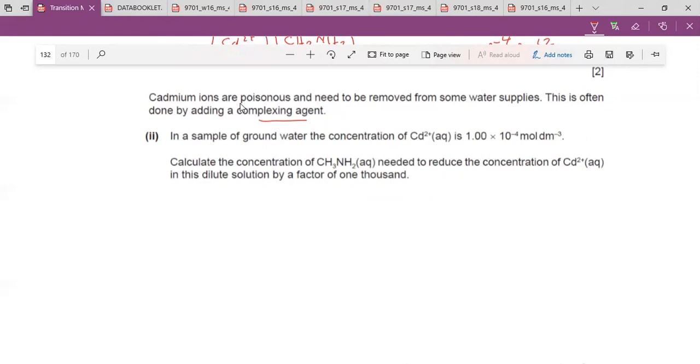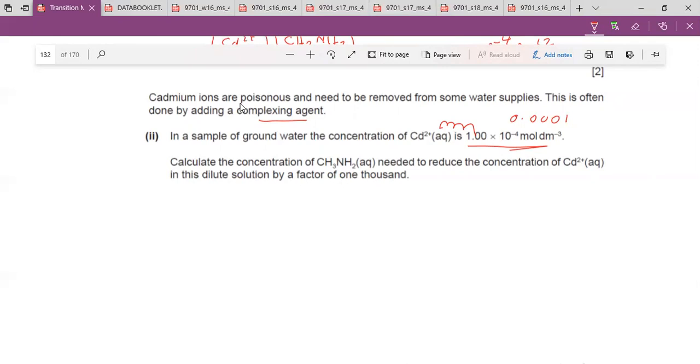So the complex is actually solid now, so you can filter it out and remove the cadmium. The groundwater has a concentration of cadmium as this small amount, 10 minus... 1, 2, 3. Now 4, isn't it? 4 is 1, 2, 3, 4. So it's 3 here.